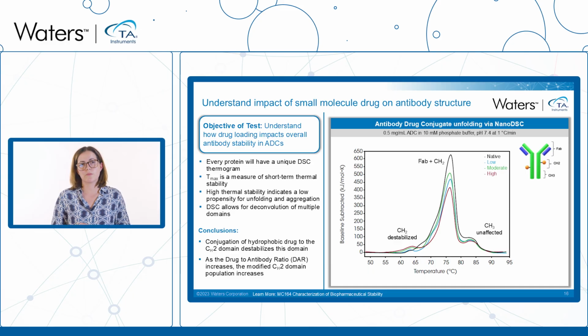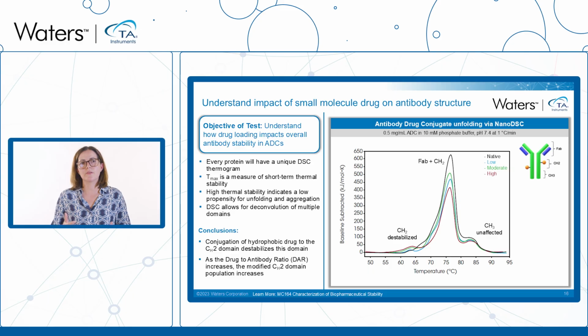When looking at the thermogram of the different drug loads, we can see the presence of a new transition, which is increasing as the magnitude of the drug load increases. So this indicates that the attachment of this small molecule is destabilizing a portion of the CH2 domain.